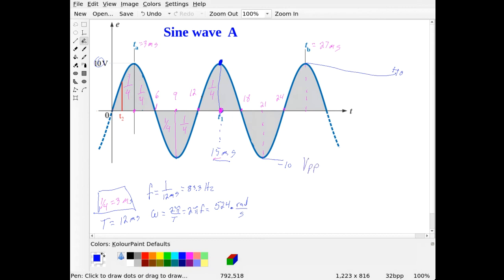So volts peak to peak is the difference here. V peak to peak is the peak value minus the valley. And so that's 10 minus a minus 10, so that's 20.0 volts.